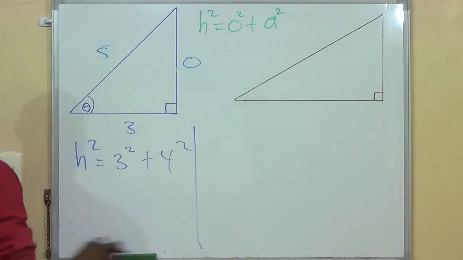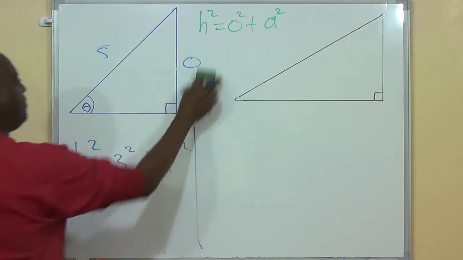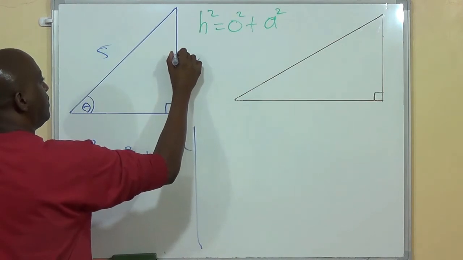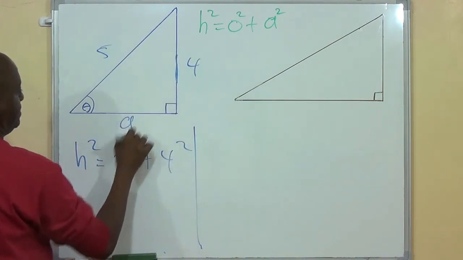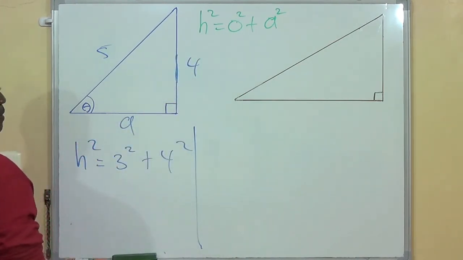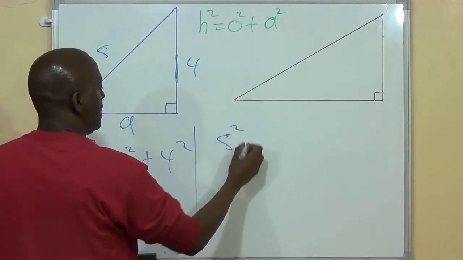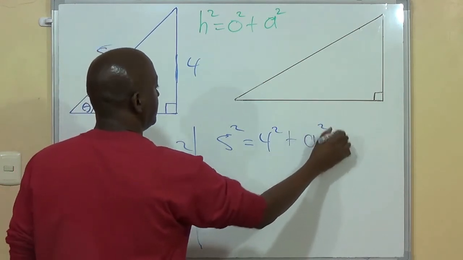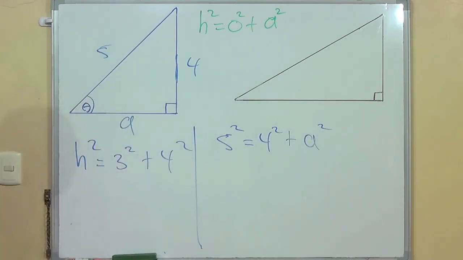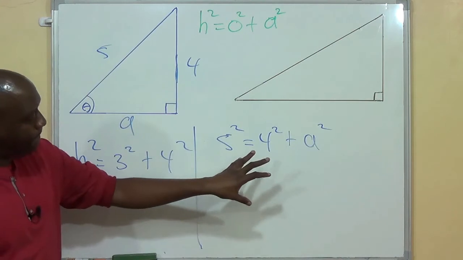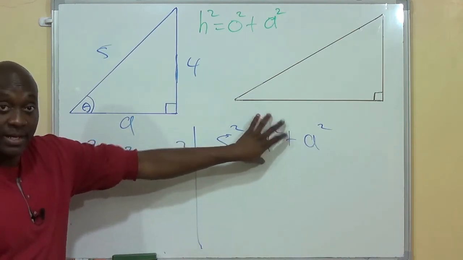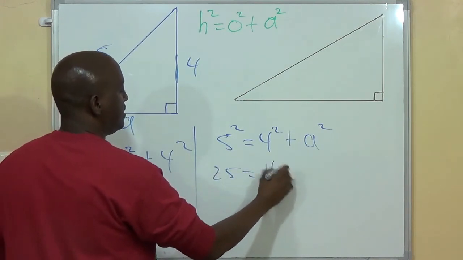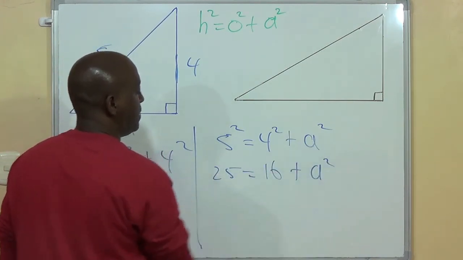So again, by way of example, we flip the script and we have the 4 here, and this is the adjacent. So again, if we had 5 squared, hypotenuse, is equal to opposite 4 squared plus adjacent squared, we have to take the 4 squared and carry it across. So we'll have 25 is equal to 16 plus a squared.